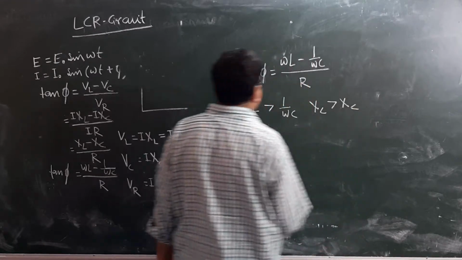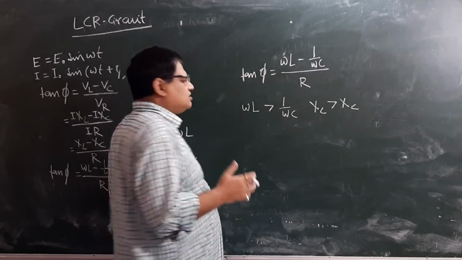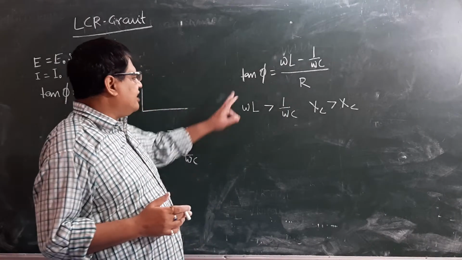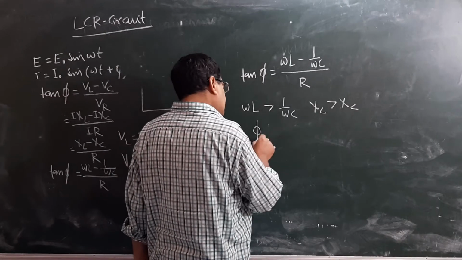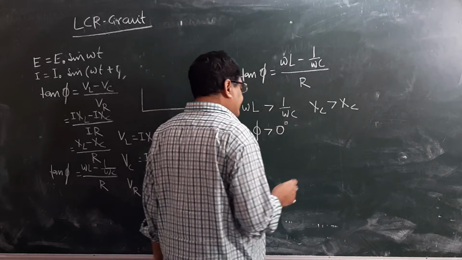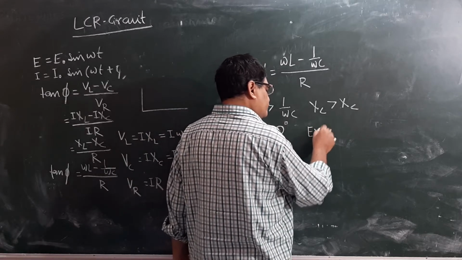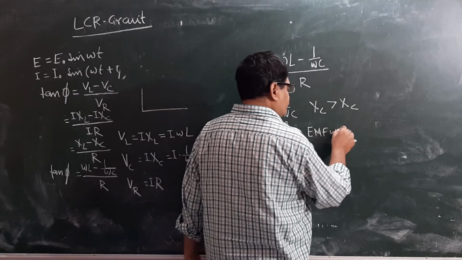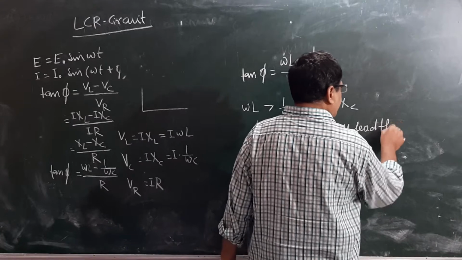In that case, what will happen? This part will become positive and R is always positive. So tan phi will become positive. So in that case, we can write that phi will be greater than 0 degree. That is, EMF will lead the current.